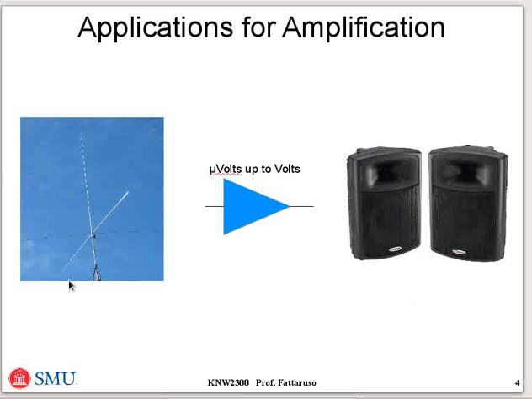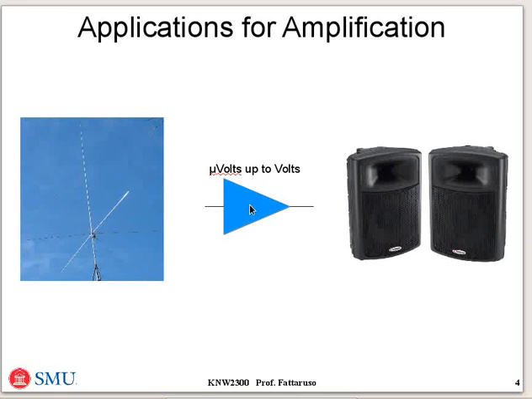Another application for amplification, and probably historically one of the earliest, is in radio reception. Suppose you have a radio signal, an electromagnetic wave impinging on this receiving antenna here. If that's a faraway signal, maybe on another continent or something, you may only get microvolts of electrical signal in this amplifier.